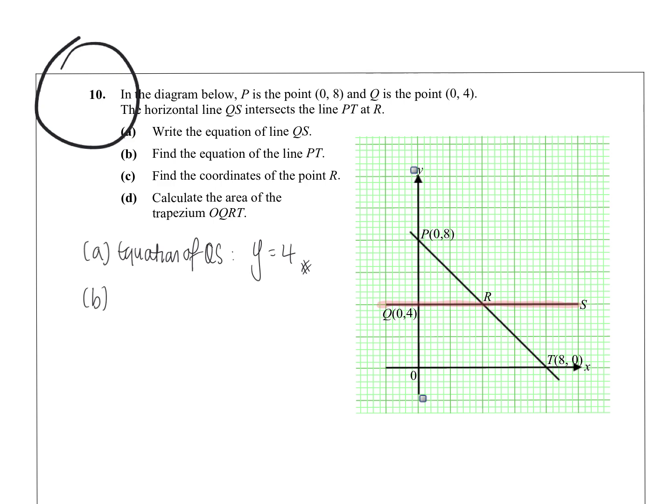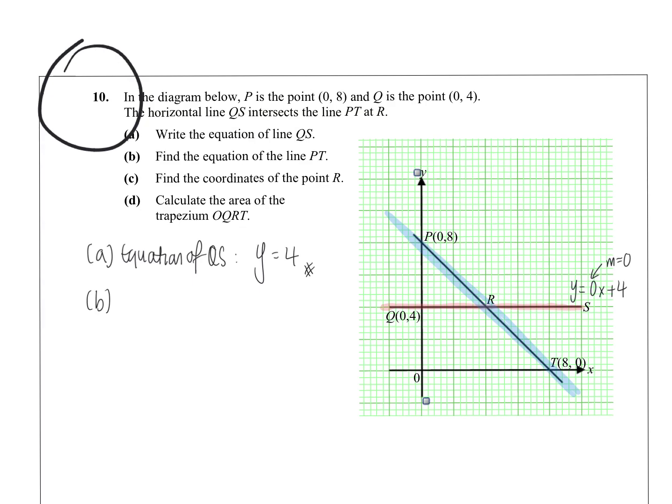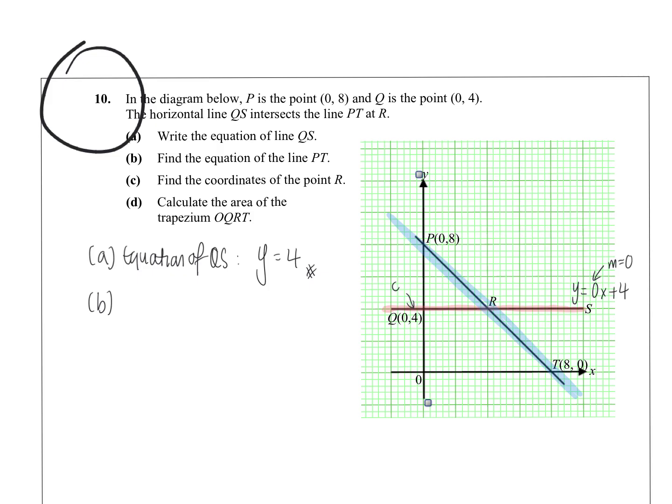Just get the y intercept, which is given. y equals mx plus c. The gradient is 0, so it's gone. This one is the c. Can you use the big y and small y? Can, you'll get the same.